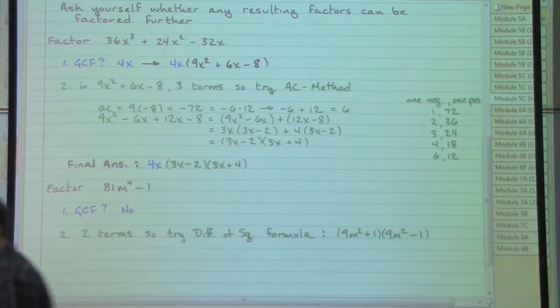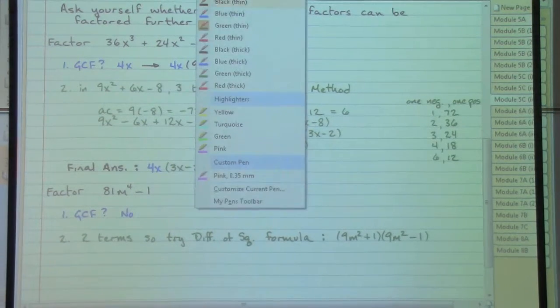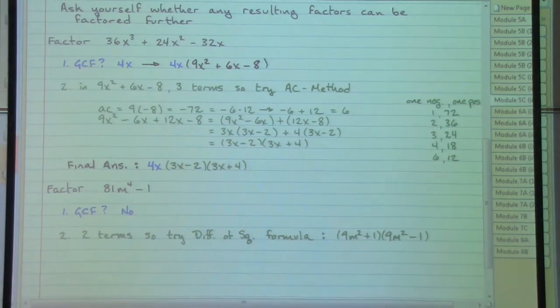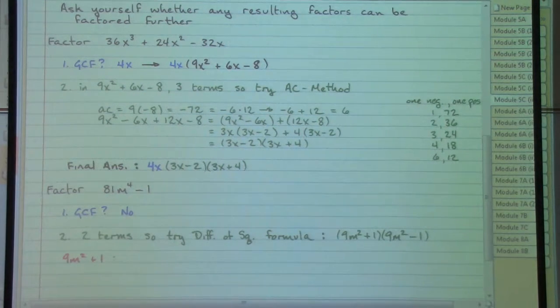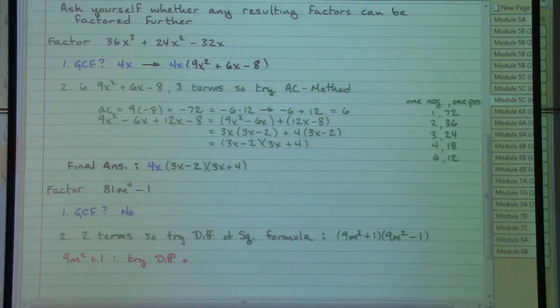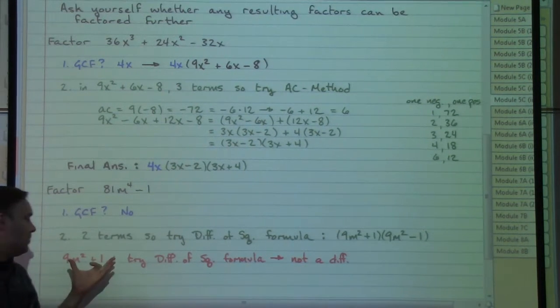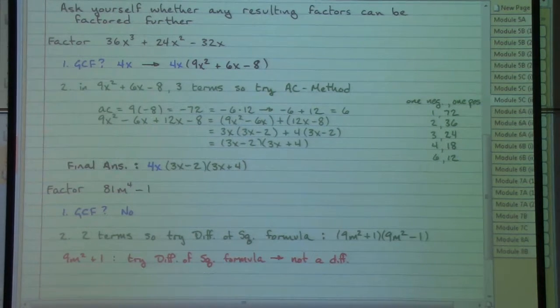So looking at that first set of parentheses, the 9m squared plus 1, if we're trying the difference of squares formula again, this is not a difference in the middle, so there's nothing more that we can do with the 9m squared plus 1.